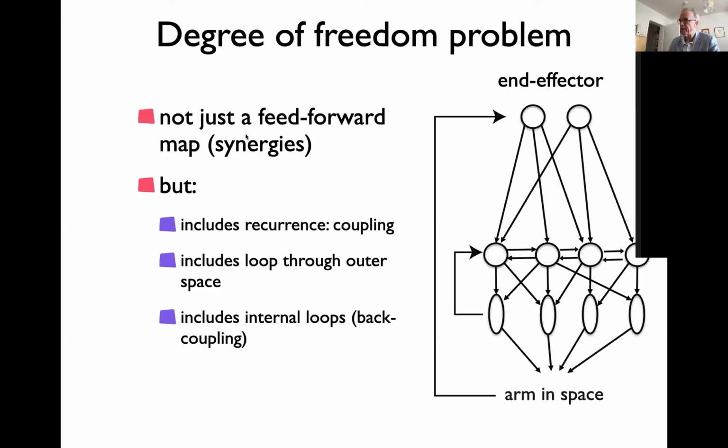This kind of idea runs under the label of synergies, which means that different muscles tend to co-activate, and so it will be accounted for by having a shared command that activates all these muscles. And I've been involved in work for a long time that shows that it's only half of the story. That is, there is feed-forward, but there's also a lot of important recurrence in this network.